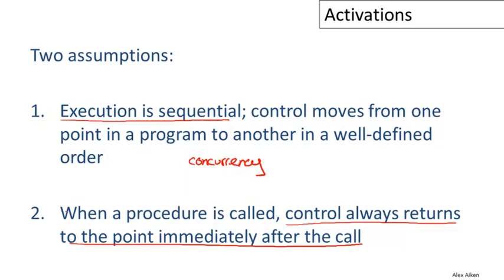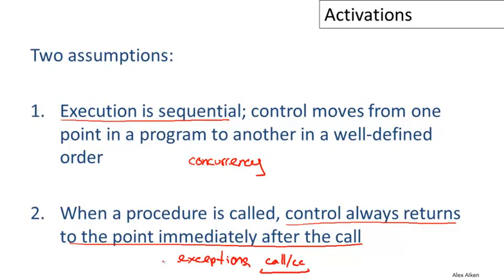And for assumption two, advanced control constructs, things like exceptions and call/cc. If you happen to know what call/cc is; it's not important if you don't. These kinds of constructs that affect the flow of control in fairly dramatic ways can violate assumption two.